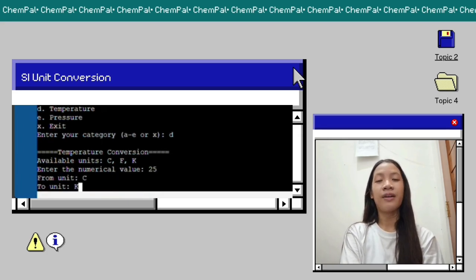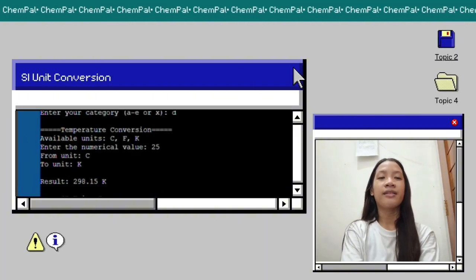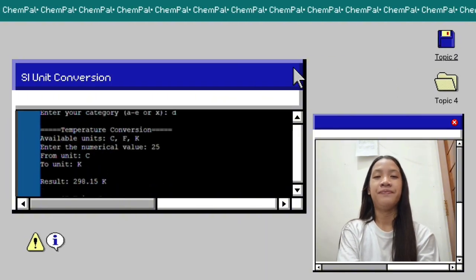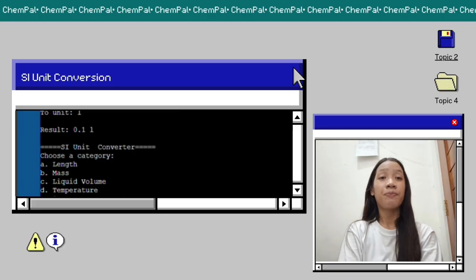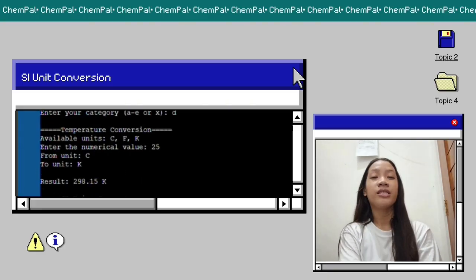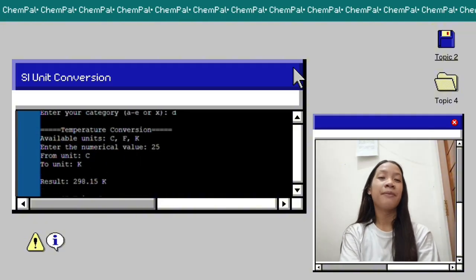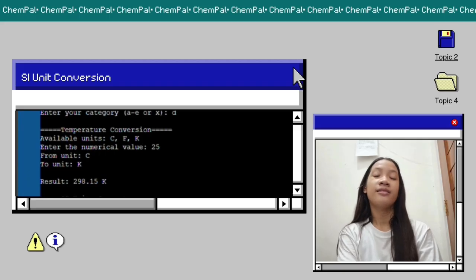Input the numerical values and you'll get the answer, which is 298.25 Kelvin. As you can see, our program was designed to convert no matter how large the number is. Say goodbye to random online calculators because ChemPal gives you reliable, instant answers right away.